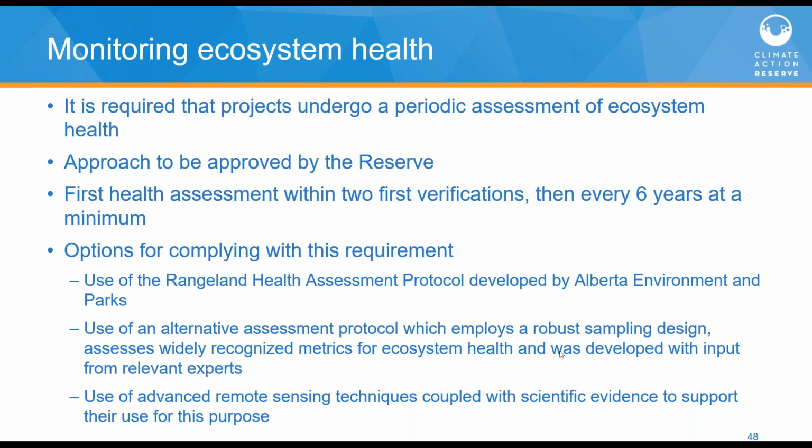Those options are sort of spelled out within the protocol. The lists for monitoring land use that are included in the protocol are not meant to be exhaustive. So if you have other ideas, we would entertain them.